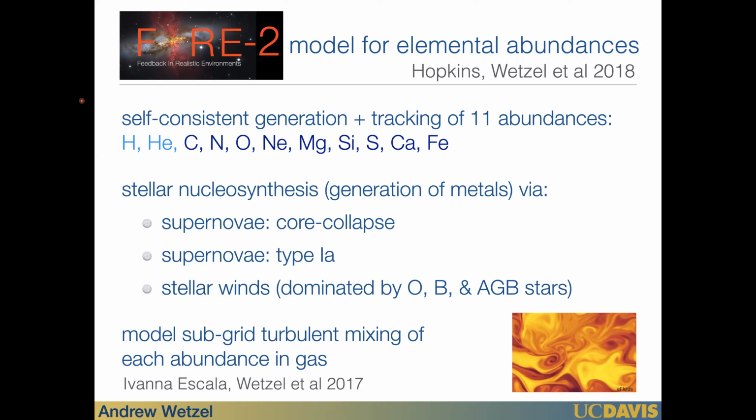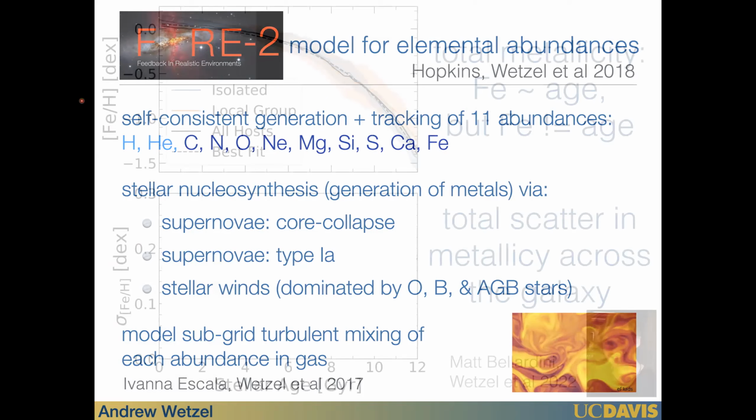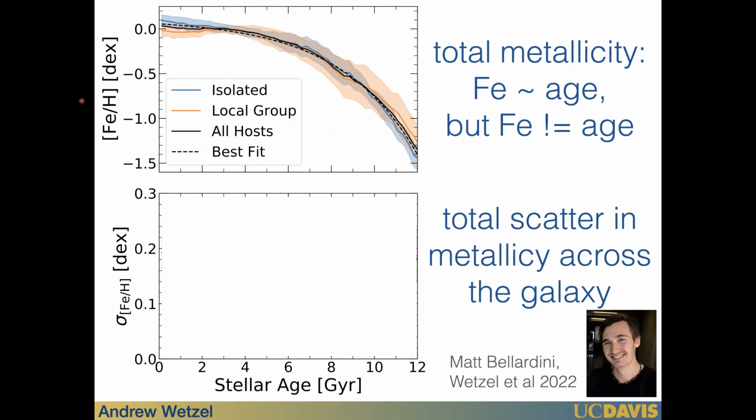Okay, so this first plot shows the average, this is averaging across our simulation suite here, the average iron abundance as a function of stellar age in our simulations. So you can see, and don't worry about differences between the isolated and the local groups here, they're relatively modest differences, we see overall metal enrichment.